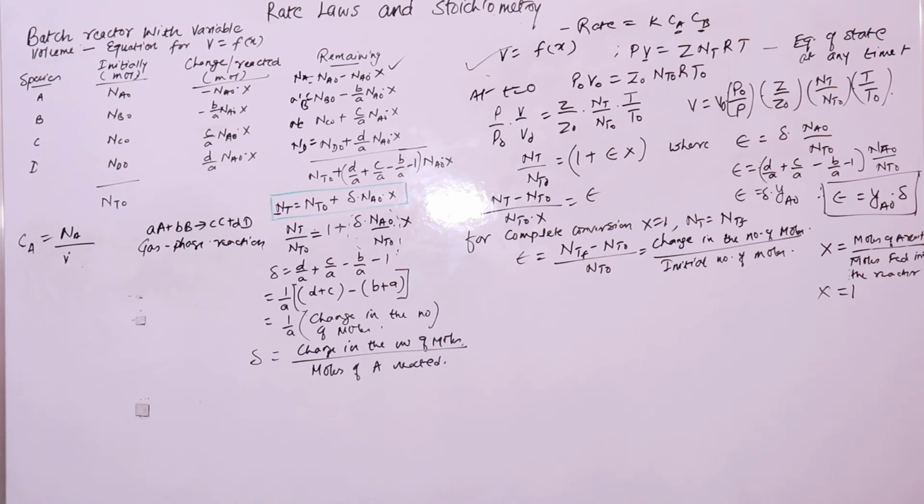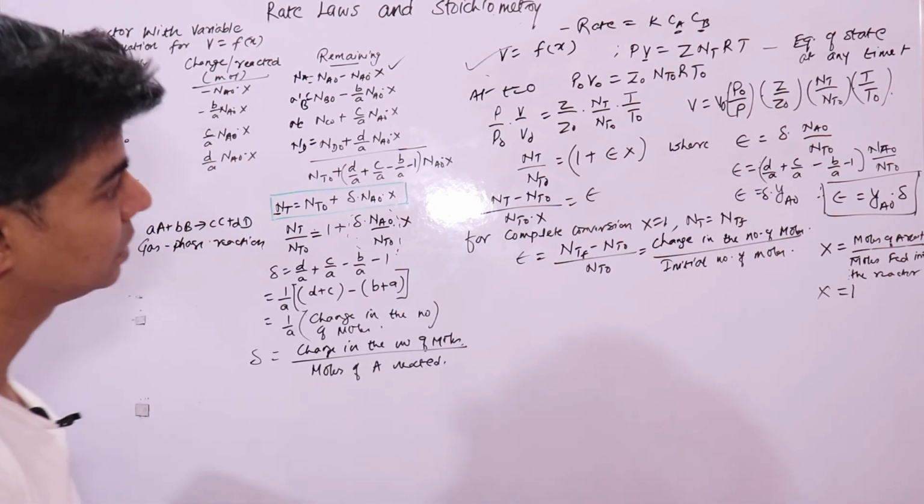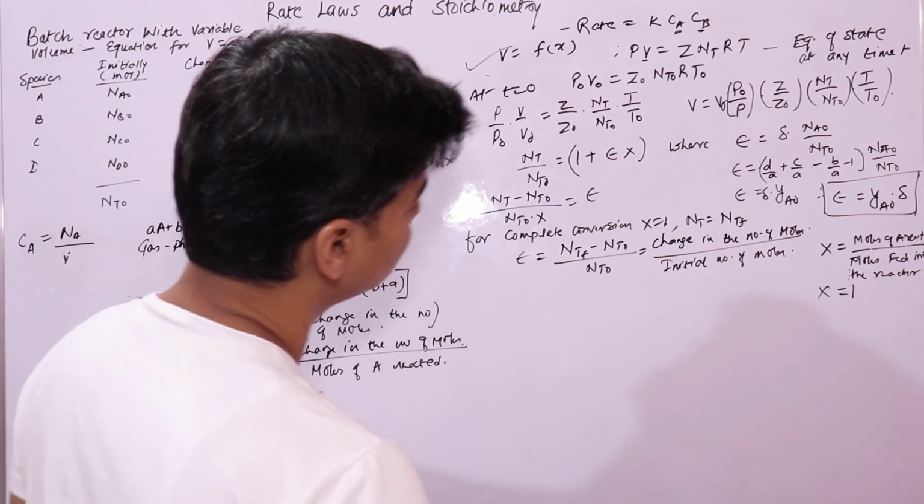If all the species in the generalized equation are in the gas phase, we can substitute the equation that we have derived, Nt upon Nt0 equals 1 plus epsilon x, in this expression, right? So let's just do it.